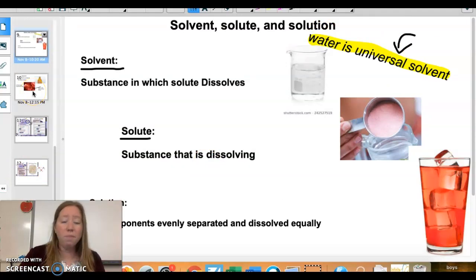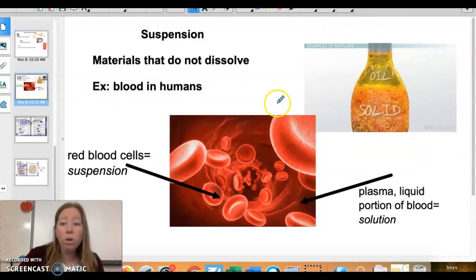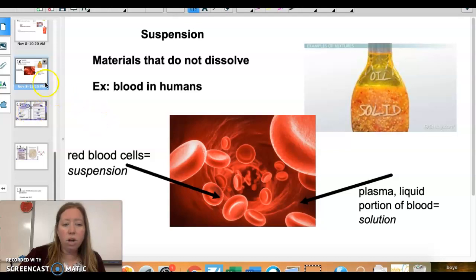If you have something that doesn't dissolve, like oil, say Italian dressing that you shake up and it mixes, but then settles down at the bottom, that's called a suspension. So a solution is everything mixed up and dissolved, and a suspension is not. Those are some properties of water.